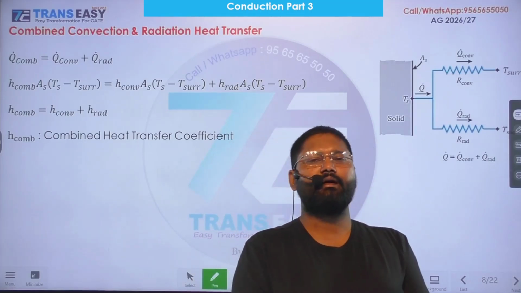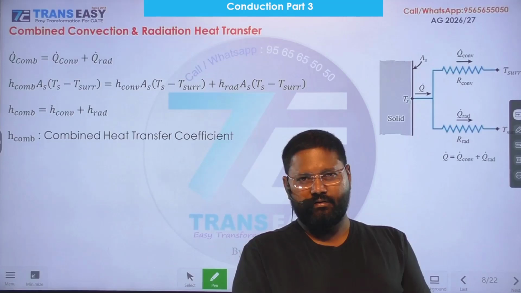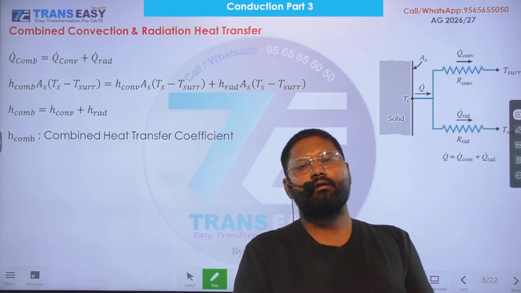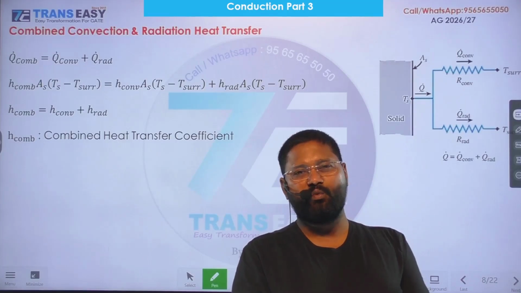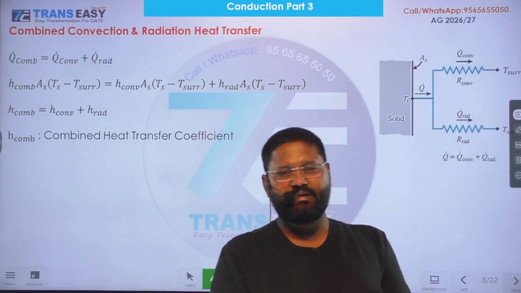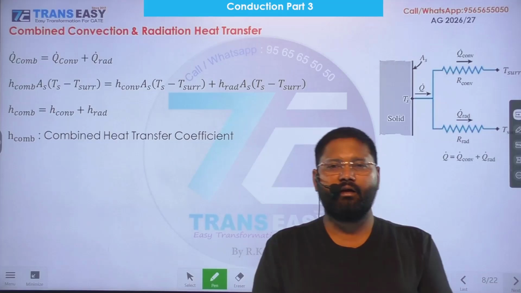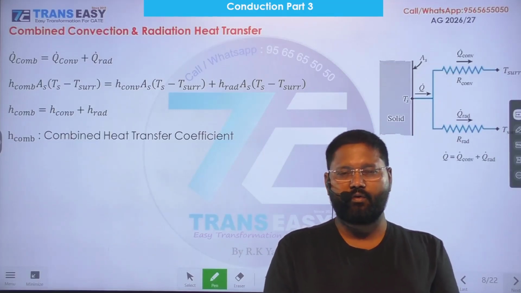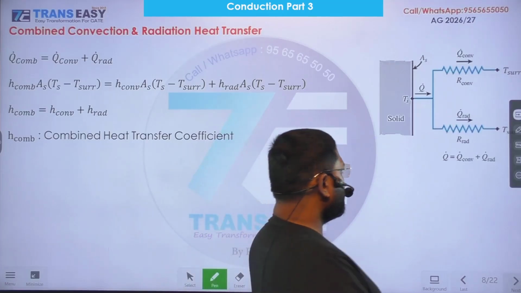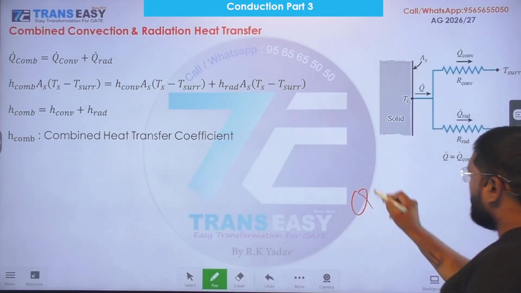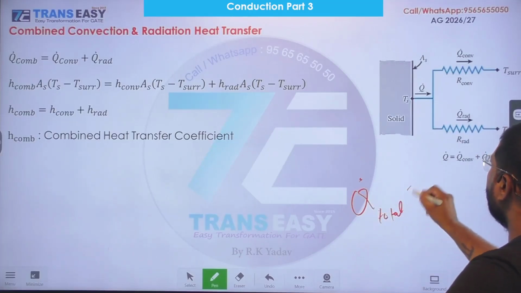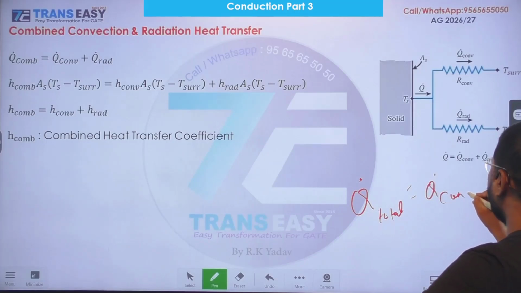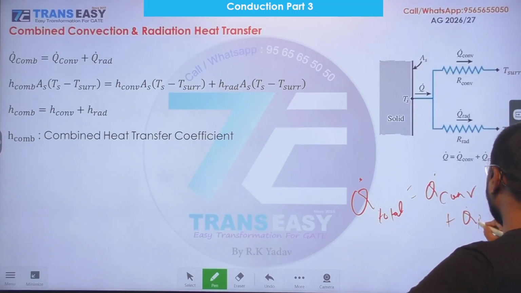By both modes of heat transfer, radiation and convection, this surface is transferring heat to the surrounding at temperature T surrounding. Surface area A, surface temperature Ts, and by convection and radiation, they are interacting with the surrounding, right? So Q total is heat transfer rate due to convection plus heat transfer rate due to radiation.